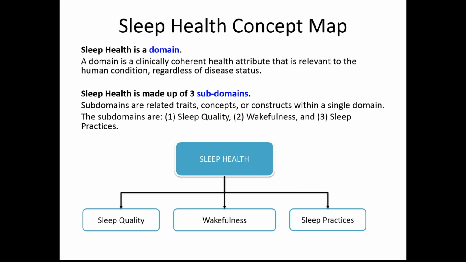The same for wakefulness. We want to be able to create an instrument that provides a number for how wakeful you feel. And then the sleep practices is a little bit less clear whether there's going to be a single number or whether we'll end up with a set of items, with each item providing important information.